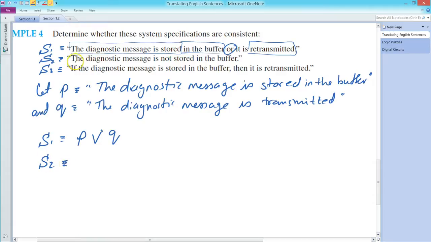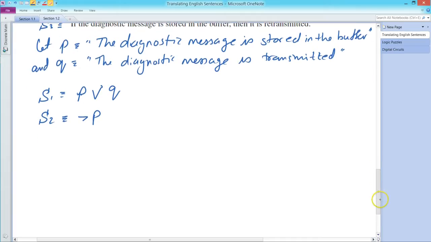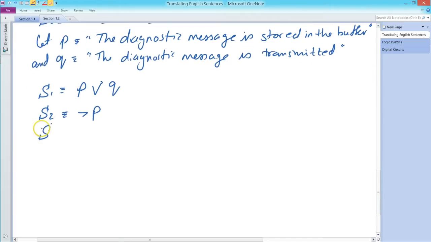When you read it, it says the diagnostic message is not stored in the buffer, so not P, because P is defined as the diagnostic message is stored in the buffer. If it's not stored, then S2 is represented as not P. Let's continue. Now S3.